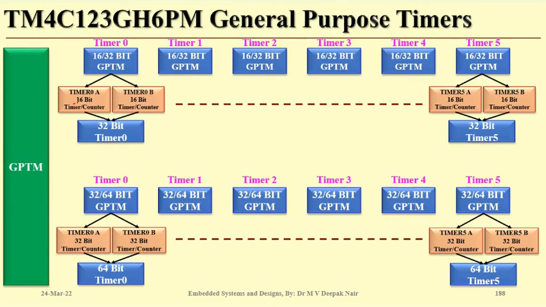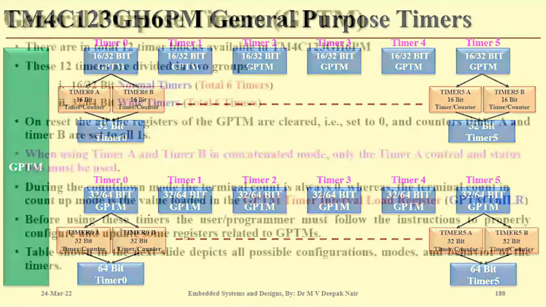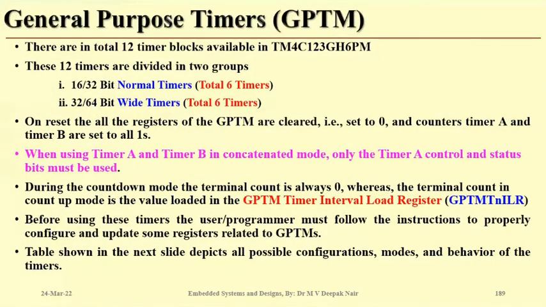Individually, you can go for 16-bit, or combine them to make 32-bit. Similarly, there is another set of 6 timers, which individually can work as 32-bit or combine them to make 64-bit.